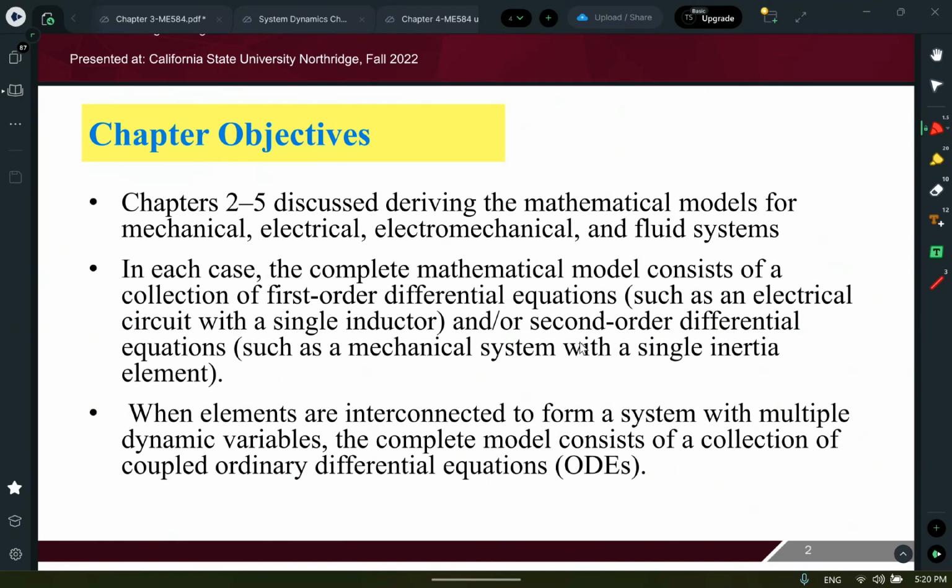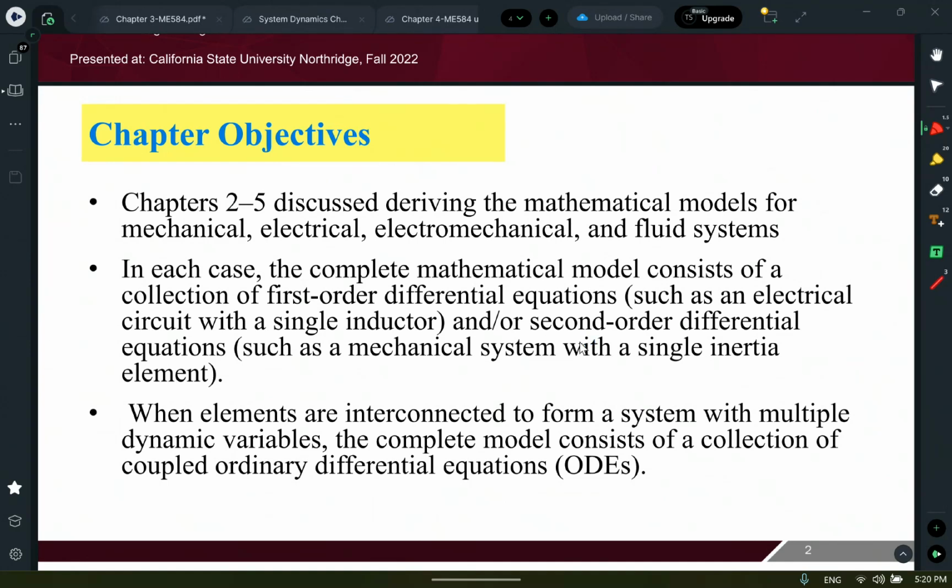So in this chapter, we want to understand how we can break down that mess of differential equations into an elegant and beautiful format, which consists of first order differential equations.